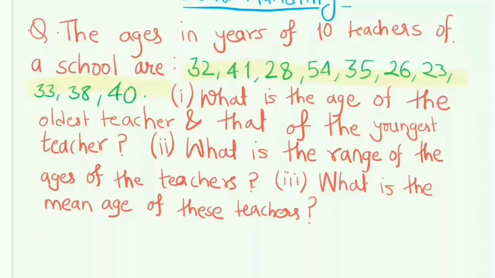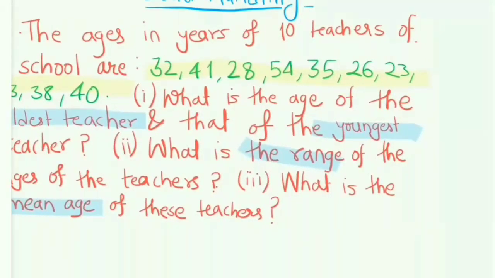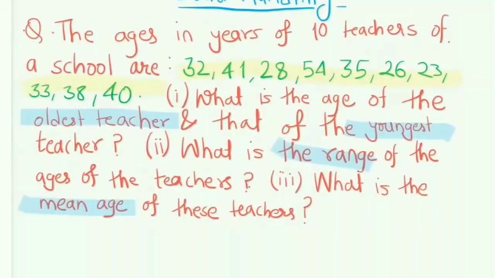So to calculate all three of these, what do we need? Oldest teacher and youngest teacher. What is the range? Range निकालना है. And then what is the mean age? That is average age. So let's first organize this data in ascending order.